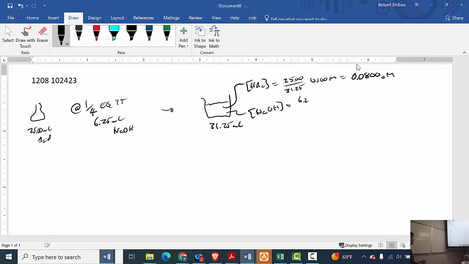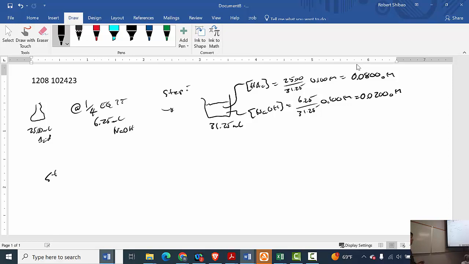This is going to be 6.25 over 31.25 times 0.100 molar. And this comes out to 0.0200 molar. All right, that's our step I, the solution dilution.